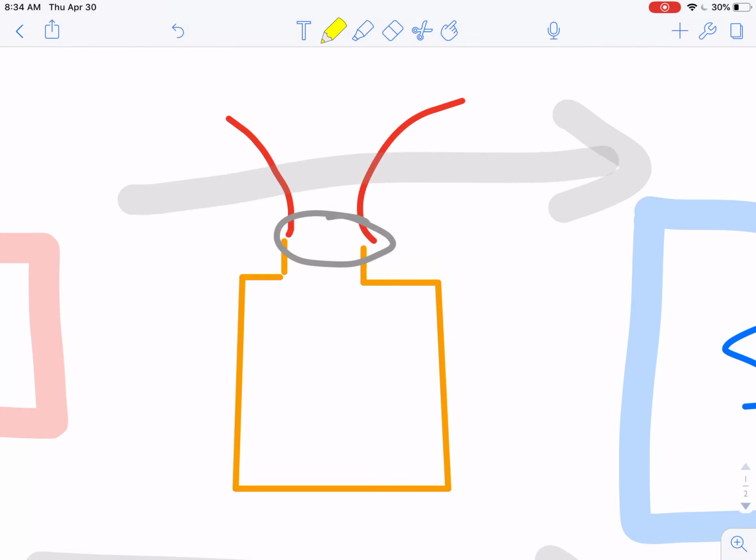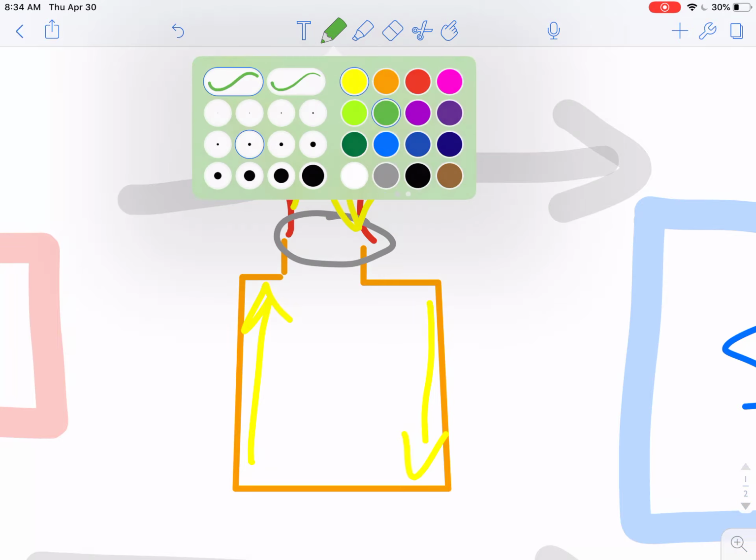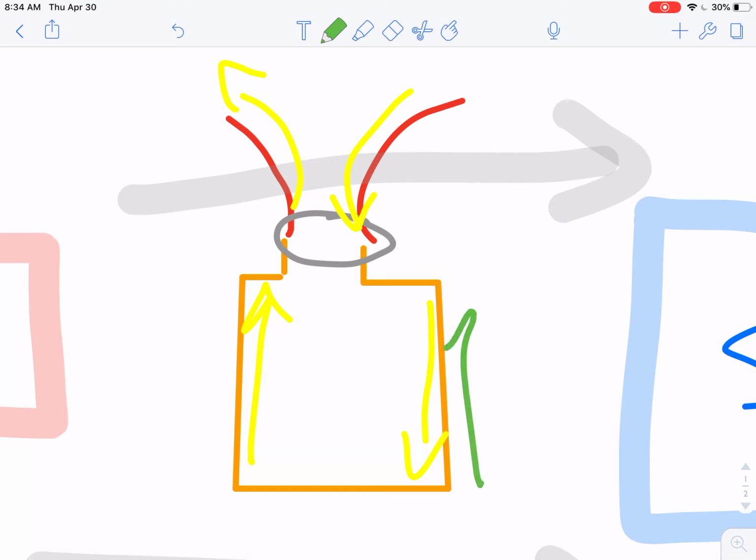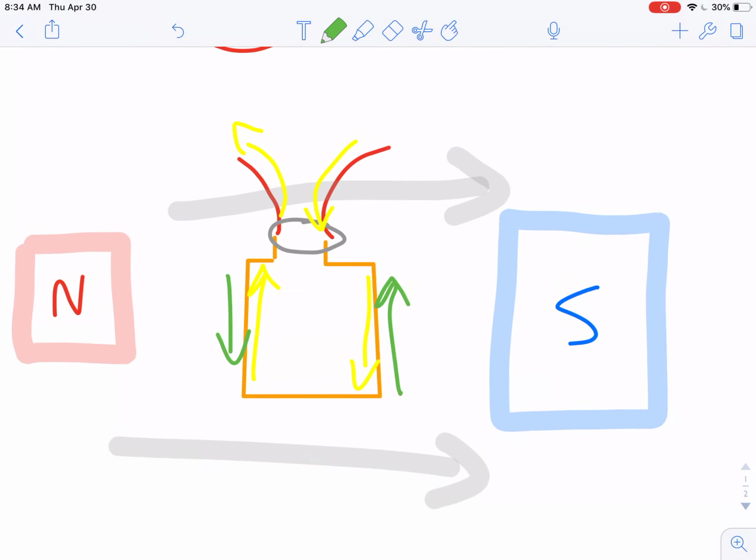Now the current's coming in this way, it's flowing this way, and back out. So we move the magnet the other way. Now we know that the current going this way is going to produce an upward force, and the current going this way is going to produce a downward force. And again, it's going to cause it to rotate in the opposite way. Does that make sense, guys?